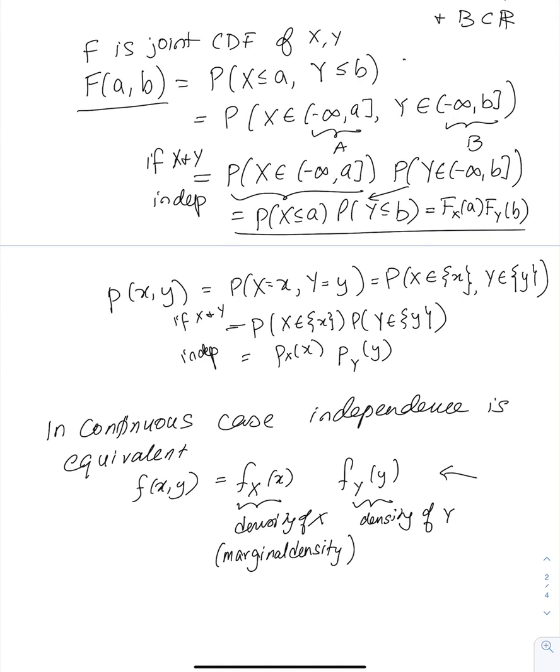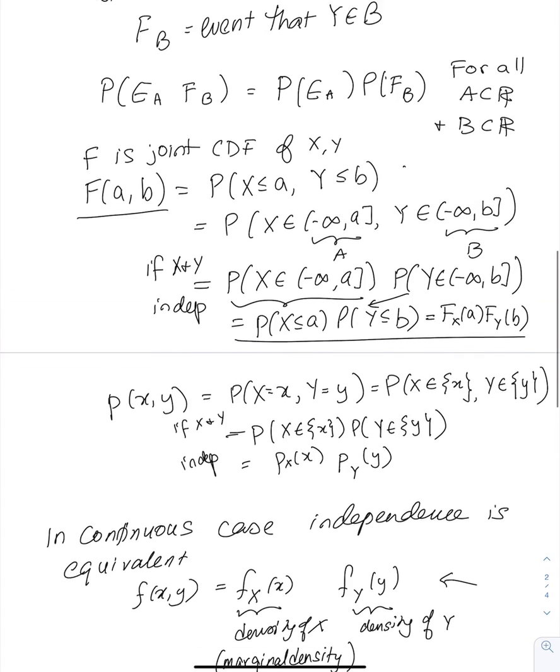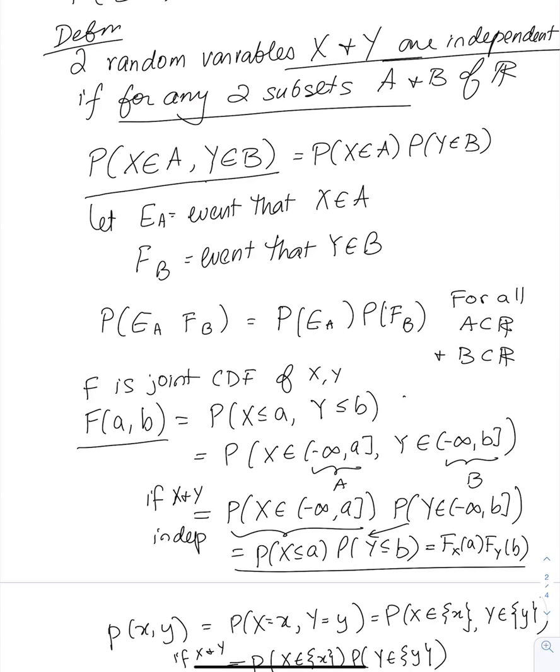Now we've just tweaked that a little bit to talk about independence of random variables. And over here we need that for all sets A and B that are subsets of the real line, you have the probability x in A intersect y in B is the probability of x in A times the probability of y in B. Okay, so this needs to be true for all A and B that are subsets of the real line.